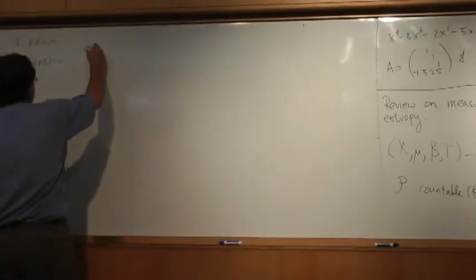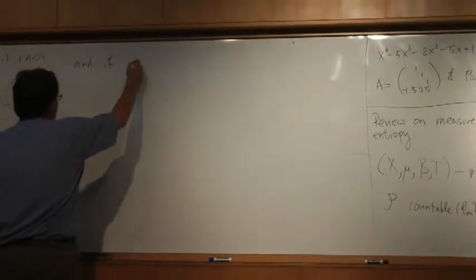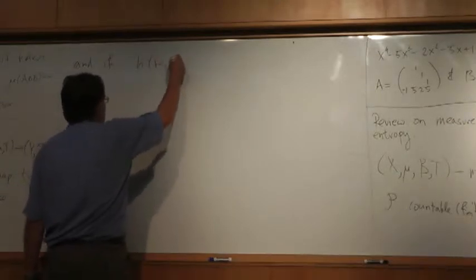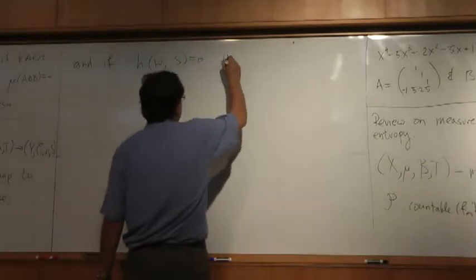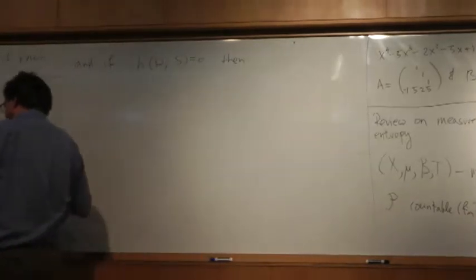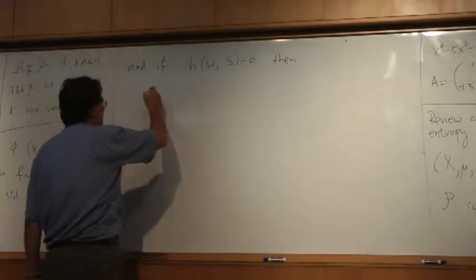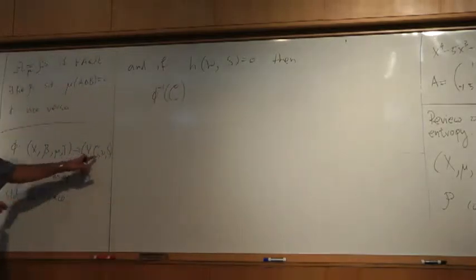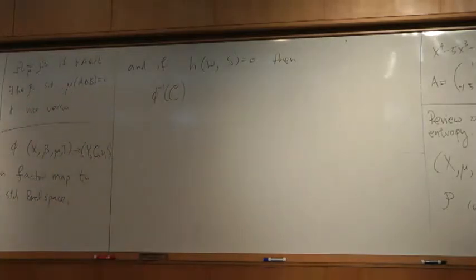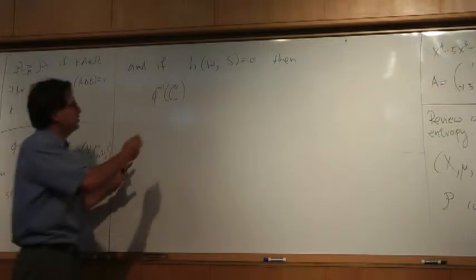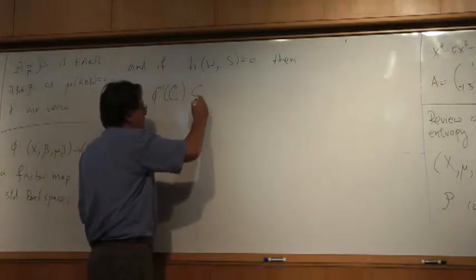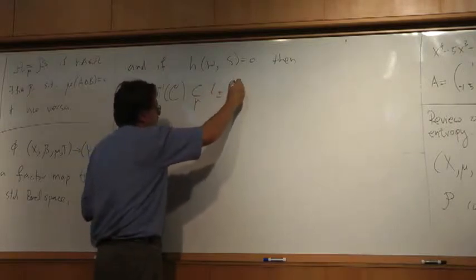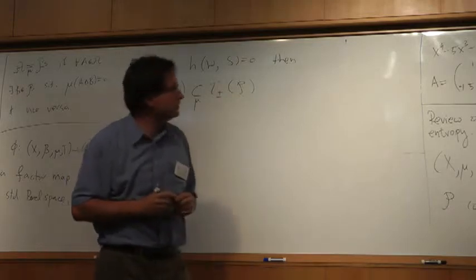And if the entropy of nu with respect to S is 0, then I take this sigma algebra of the factor, I lift it to my space. This will be contained, again up to sets of measure 0, inside whichever tail you wish to use for your partition.